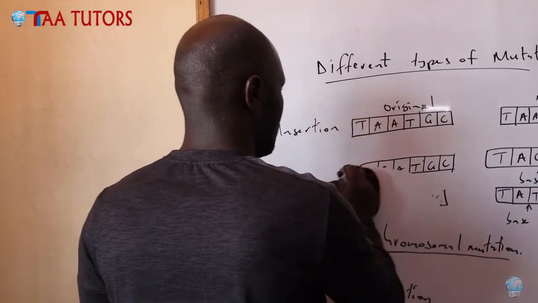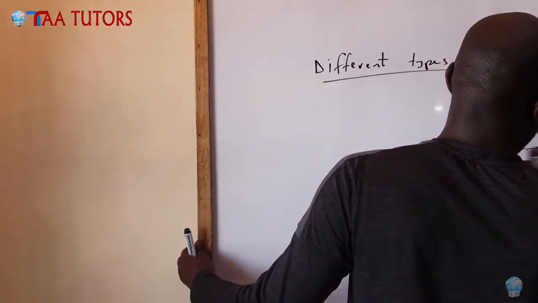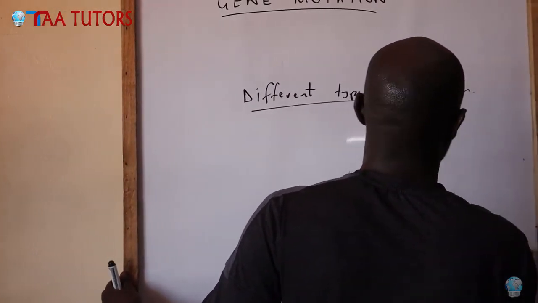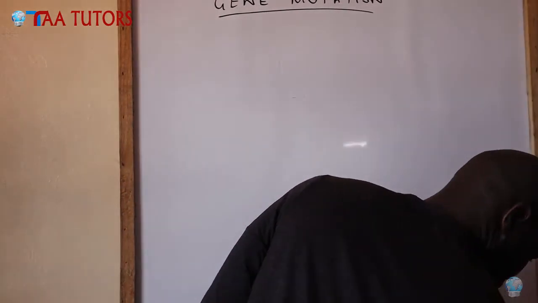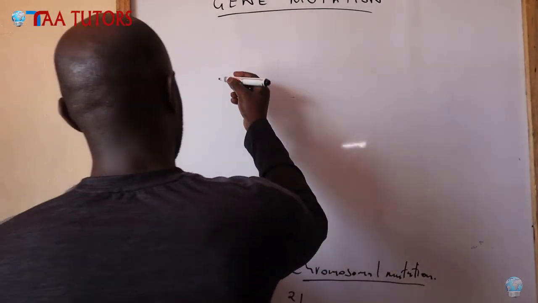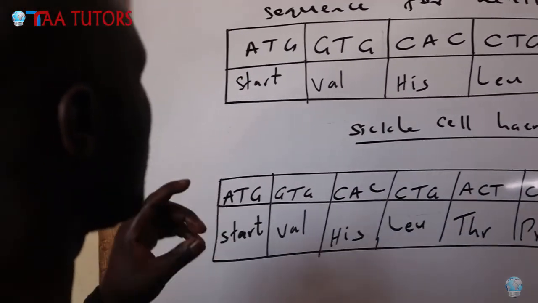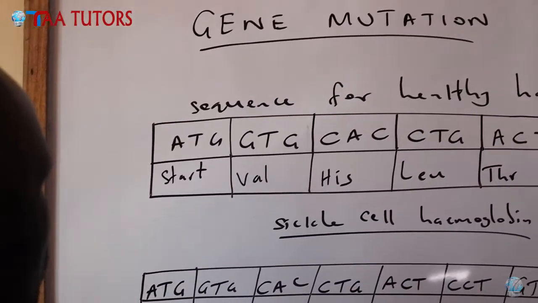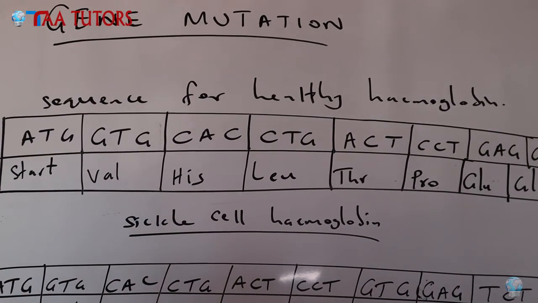We have talked about the collection of amino acids that help in protein synthesis. Let us look at the sequence of the normal amino acids. This is an example of a chromosomal mutation, which we see in the condition we call sickle cell anemia.